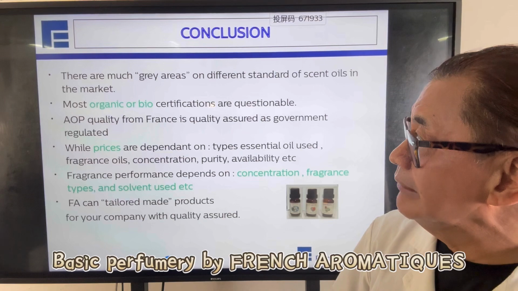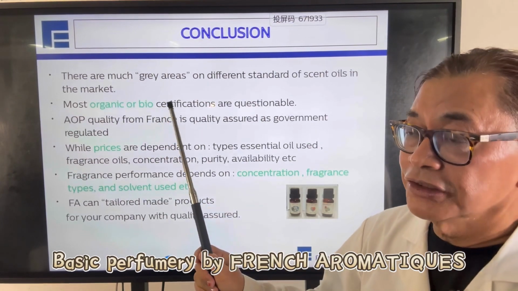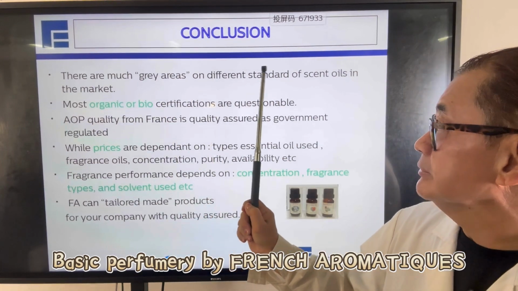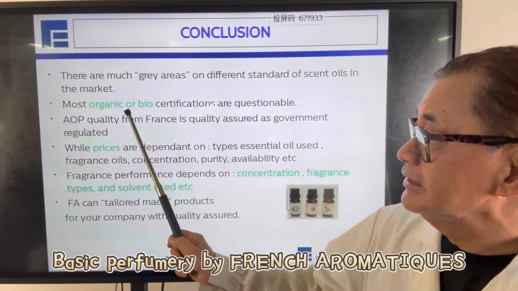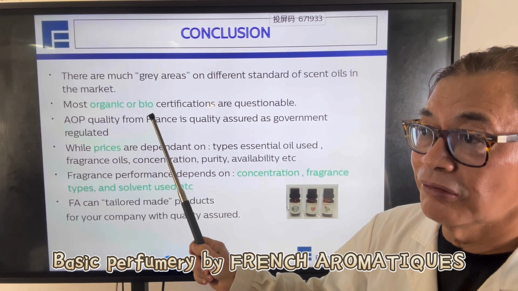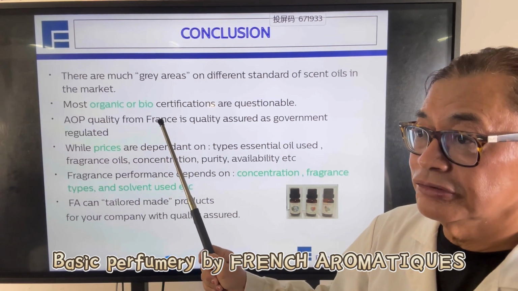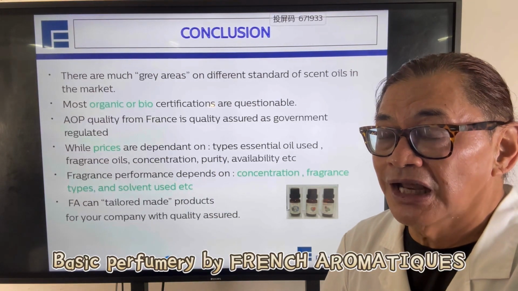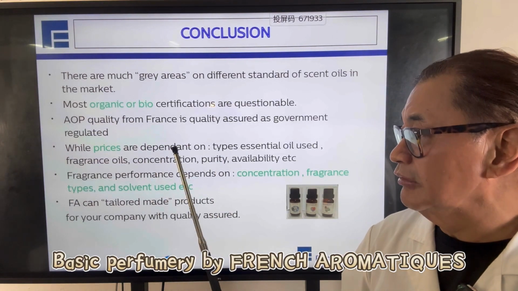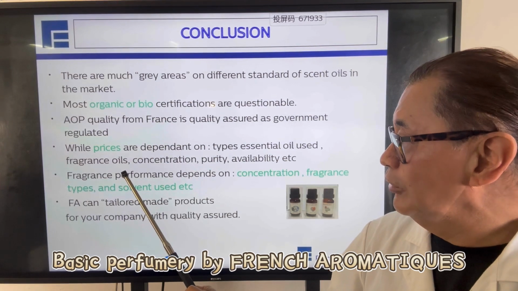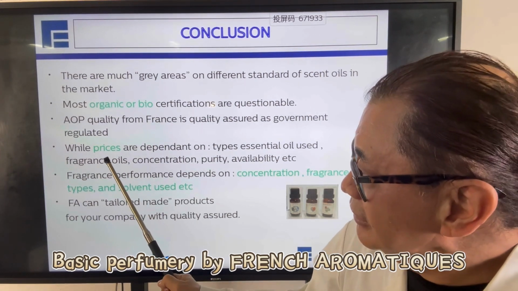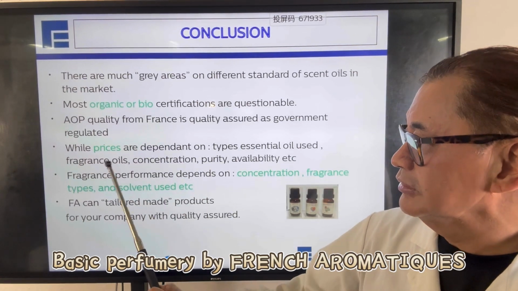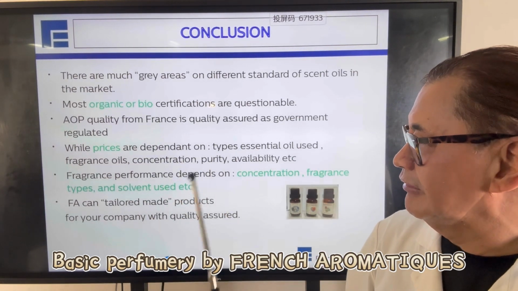In conclusion, there are lots of gray areas between standards of scents, and some of them claim to be organic or bio certified, so you have to be very careful. The main thing is to get it from a reliable company with IFRA regulations. The final price depends on the type of oil, essential oil, fragrance oil, concentration, purity, and availability.